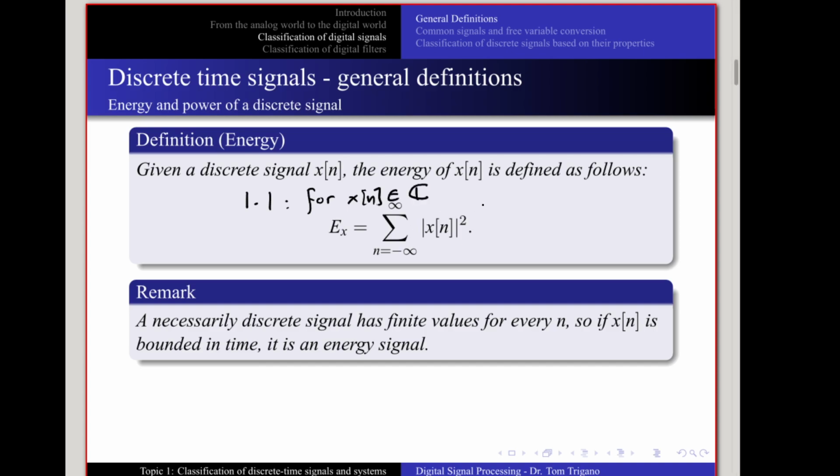So you must take the modulus of this complex number, raise it to the power of 2, and then sum it. It shares a bit of similarity with the norm of a vector for obvious reasons. So the energy of a discrete signal can be understood as the extension of the norm of a finite dimensional vector.